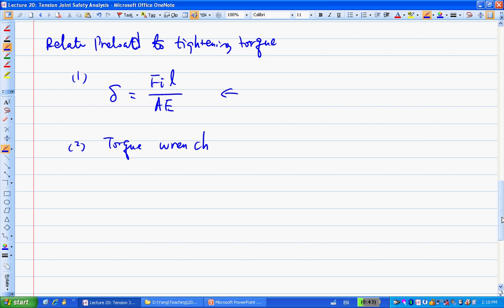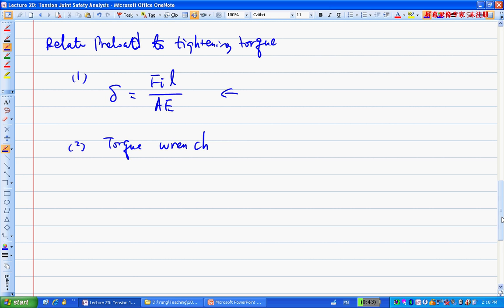Now in the previous lecture, when we were learning mechanics of power screws, we derived a formula for the torque: how much torque do we need to raise a certain amount of load. I wonder if you remember that, right? You have the power screw here, you have the load Fi, so how much torque should we apply to the nut in order to raise up the load, considering all the external frictions?